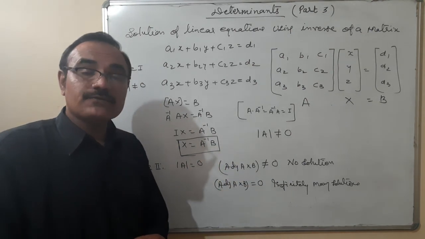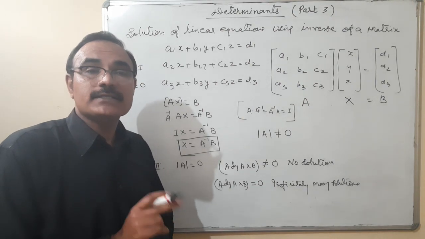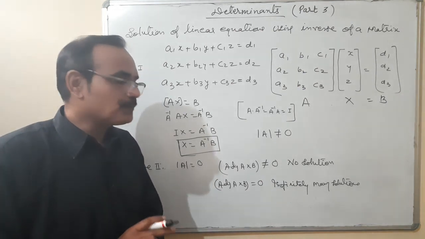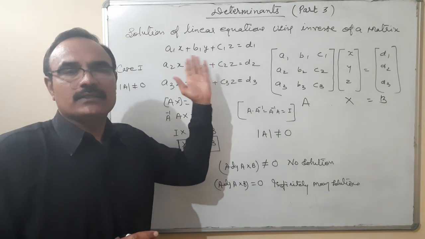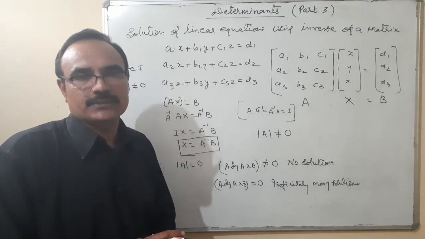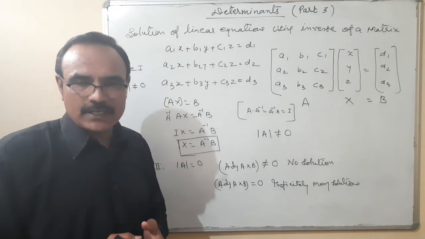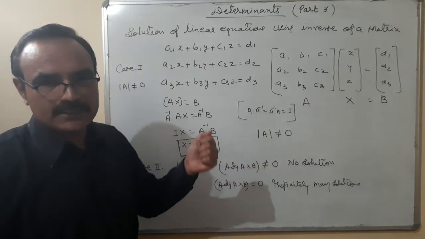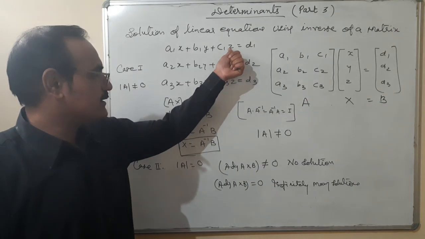But in the third case, if adjoint of A multiplied by B is equal to the 0 matrix, it means this system of linear equations has infinitely many solutions. And if they have infinitely many solutions, then the procedure is, suppose z is equal to k, we put z is equal to k.